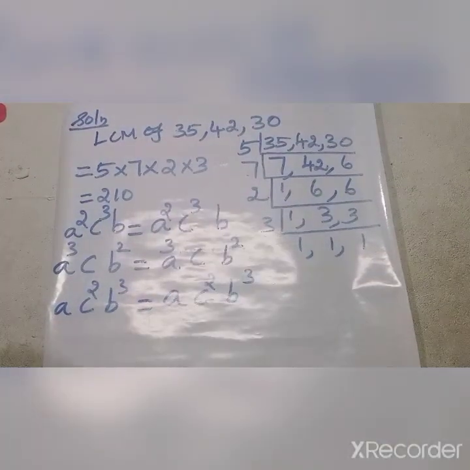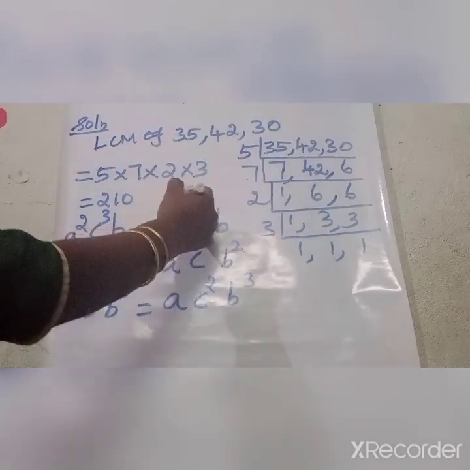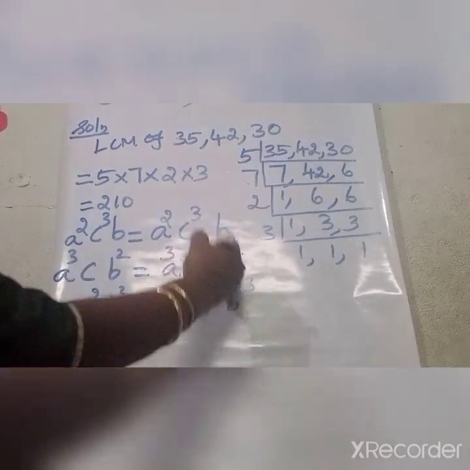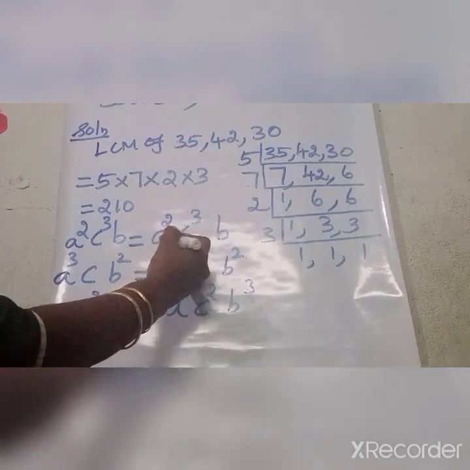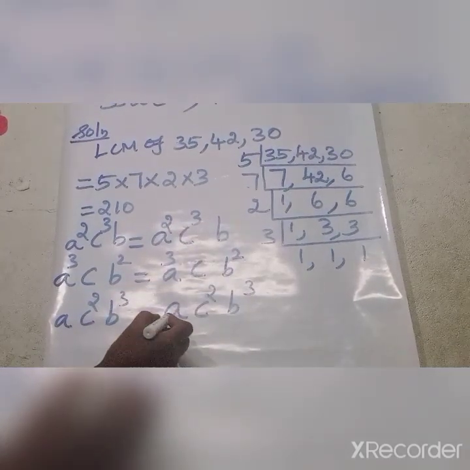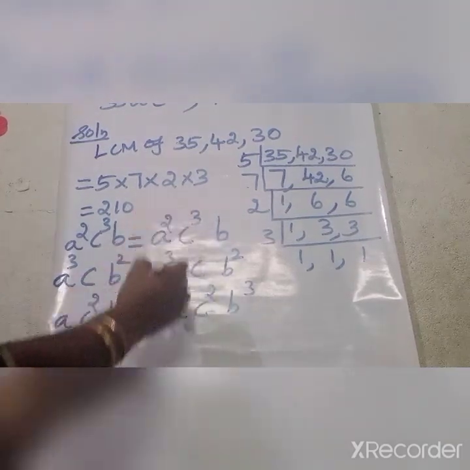Now one by one let us find out. First, go through the a term alone. Among these 3 terms, a square, a cube, a is there. a means a power 1. Among these 3, which is the highest power term? a cube. Next is the c term. Among these 3 we have c cube, c, c square.